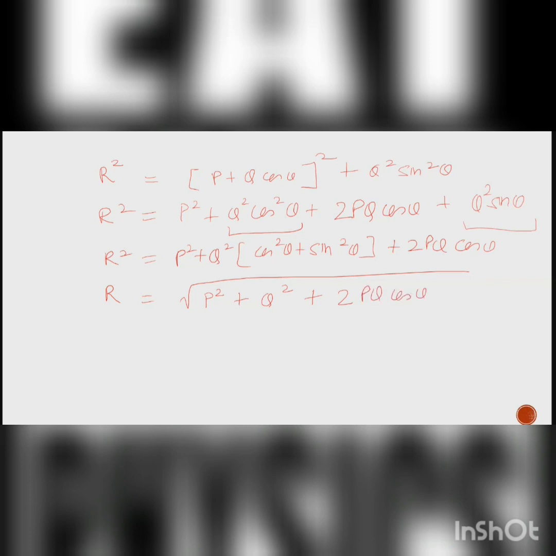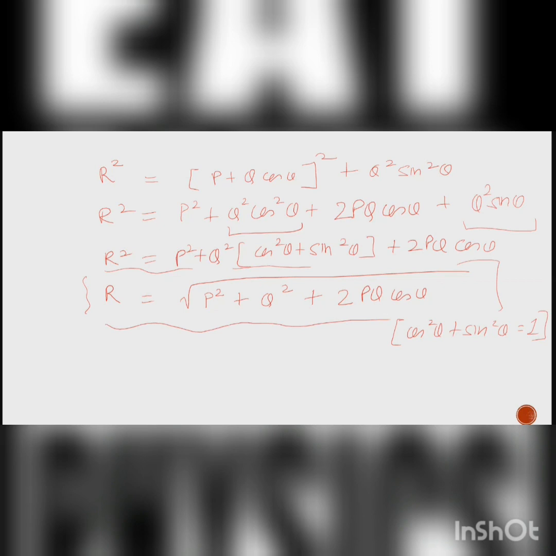We know that cos square theta plus sin square theta is 1. So the magnitude or the length of the resultant vector is given as under root P square plus Q square plus 2PQ cos theta.